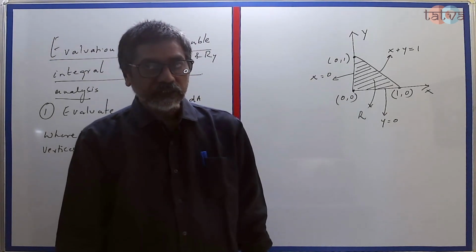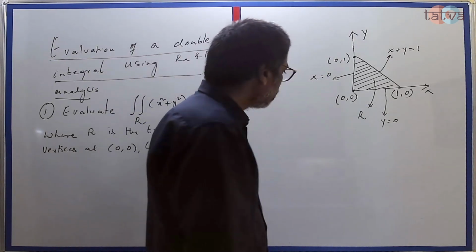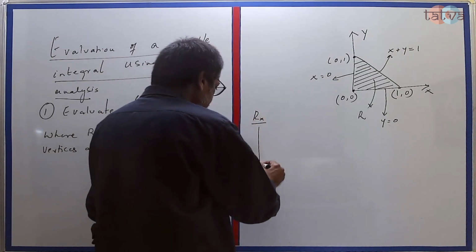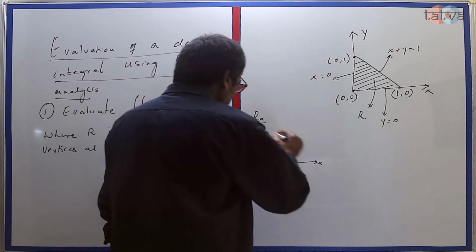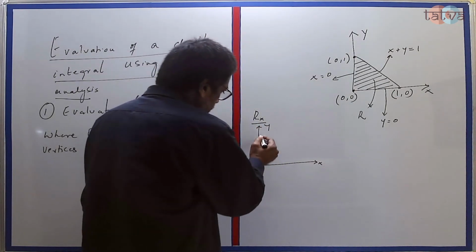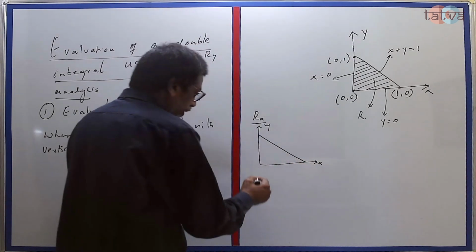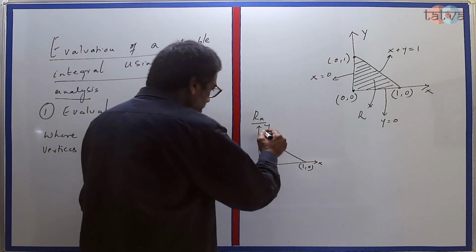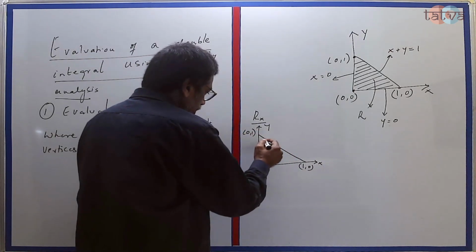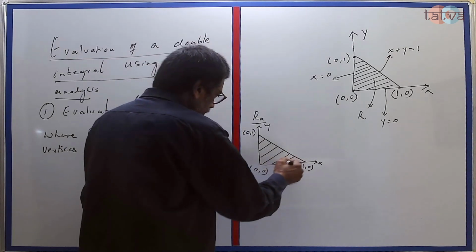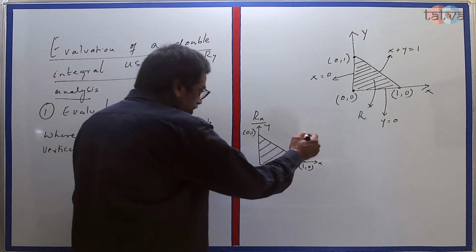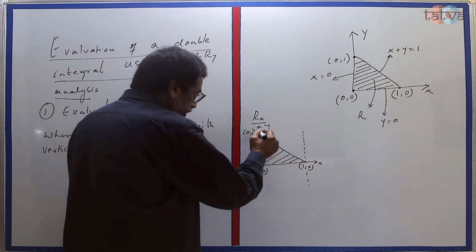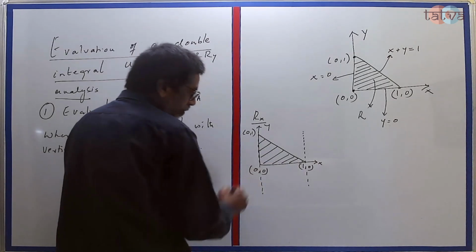So I can see this region in two ways. If I want to see this region as an Rx region, this is what I'll be doing. I'll once again mark my corners, and I'll try to fix this region between two vertical lines.